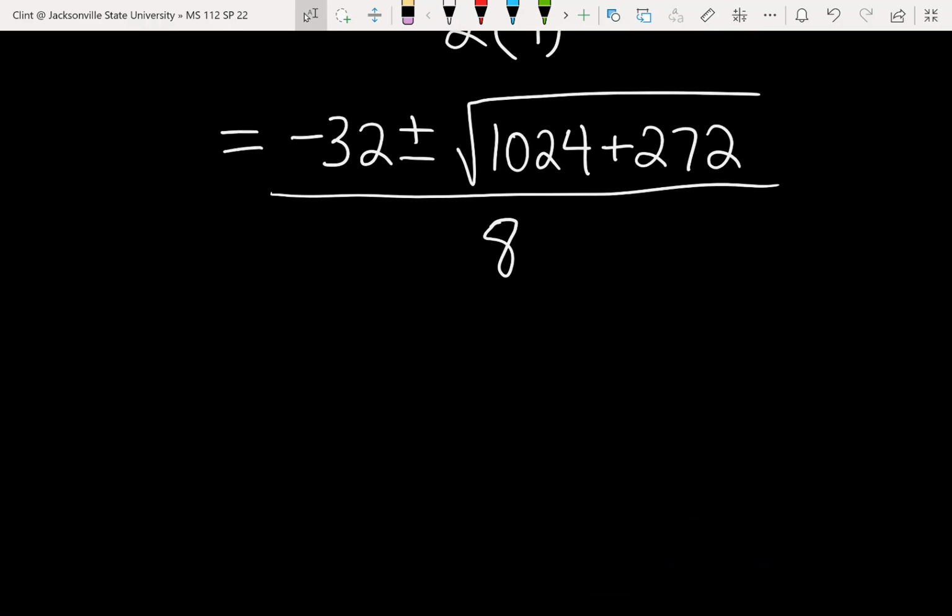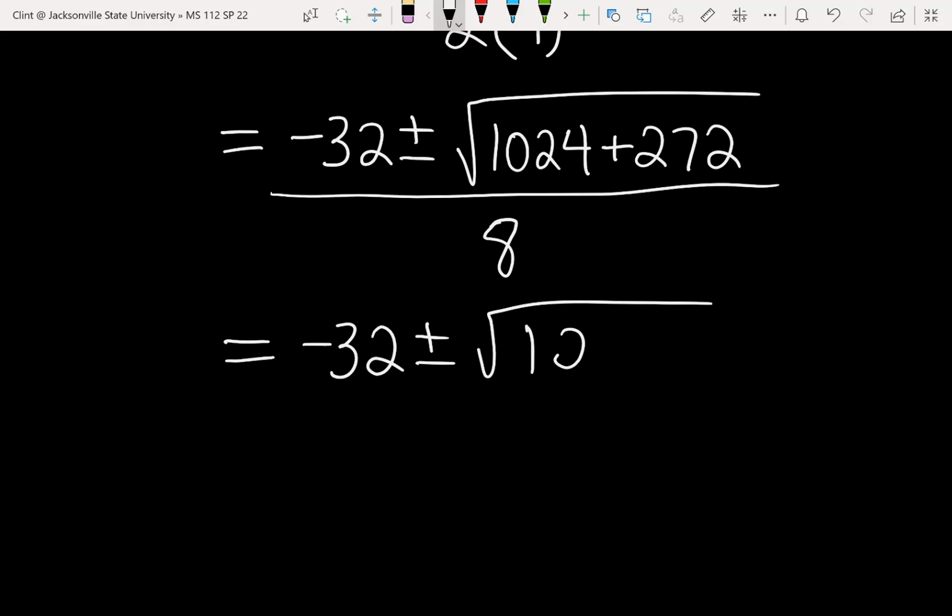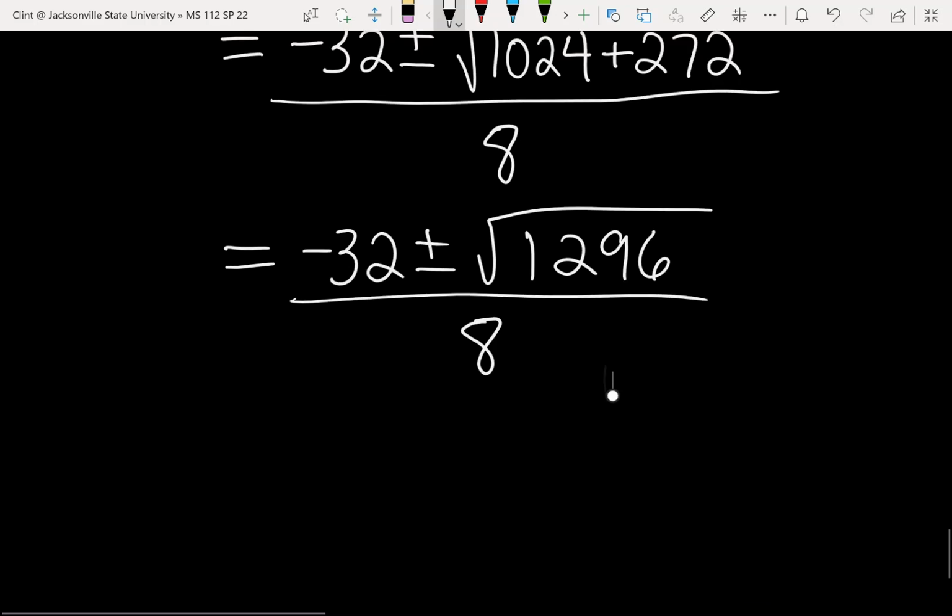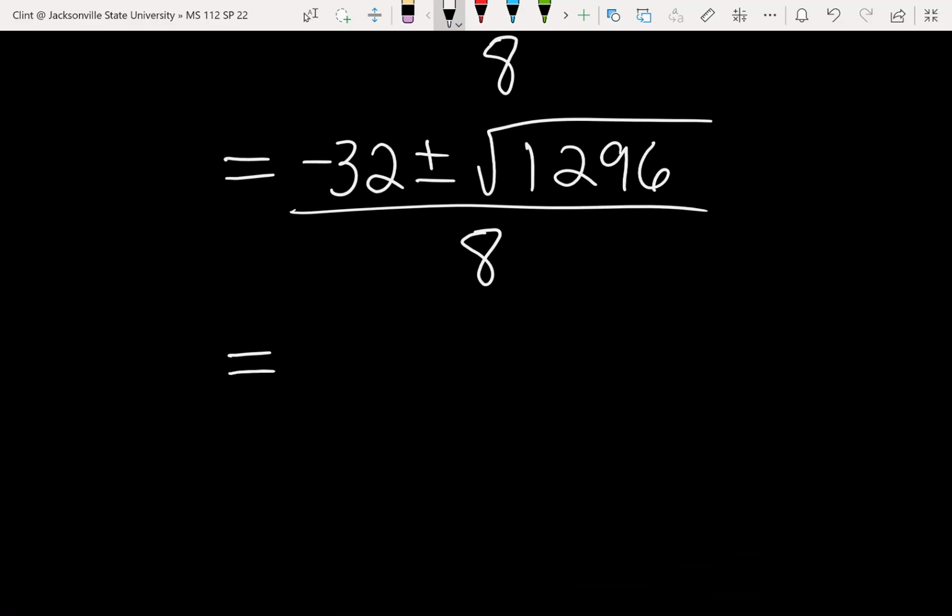Then we add the 1024 and the 272. Hope it comes out to something nice. Let's see, I got 1296 there. That's not one I have memorized, but let's see if it comes out. Yes, the square root of 1296 is 36. So even though it looks scary, it works out pretty nice for us.